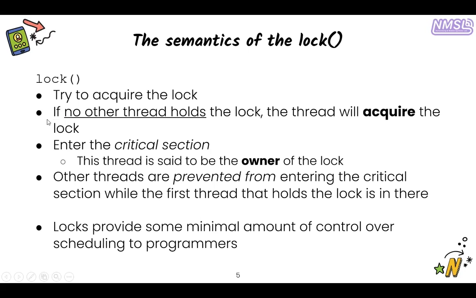If no other thread has the lock, then we acquire it and become the owner of the lock, and then we enter the critical section. While we're doing this, all other threads are prevented from entering the critical section while this thread holds the lock. So this provides some minimal amount of control over scheduling to programmers.